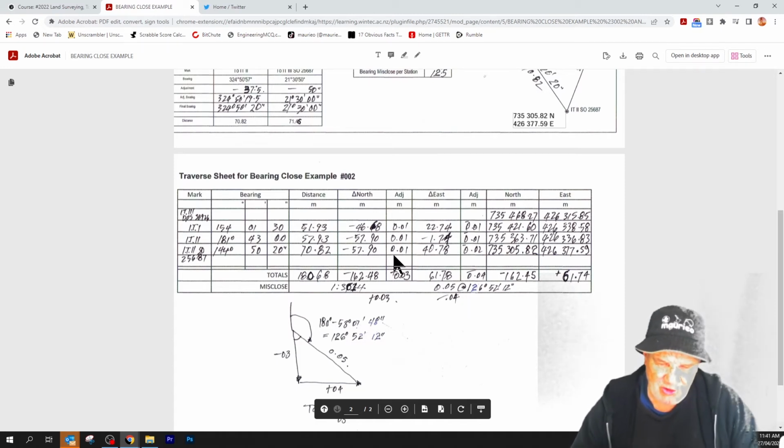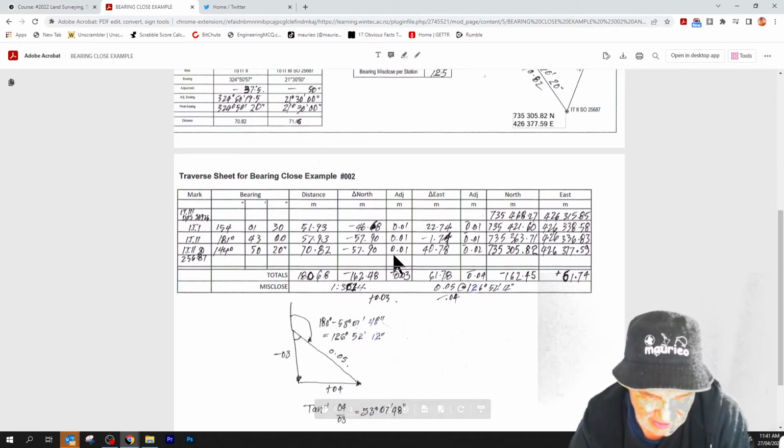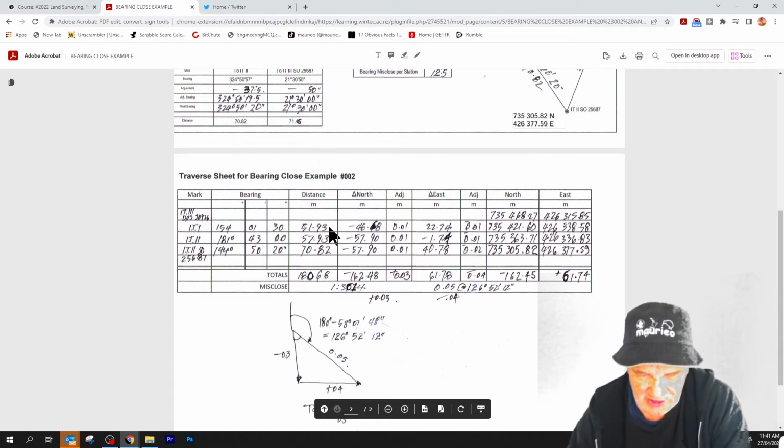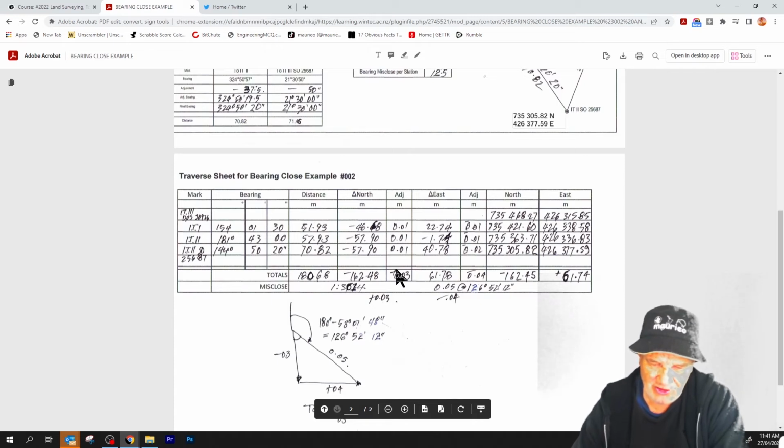Now we can use Bowditch, but in this case, they're all very much the same length. So I've gone 01 per line, because Bowditch is proportional to the distance. It's just that divided by the total multiplied by that, so they'll all be roughly the same.